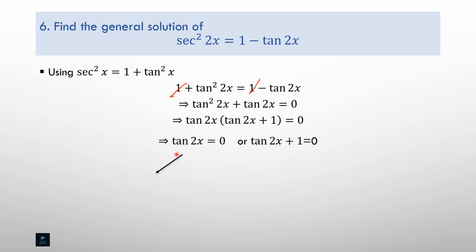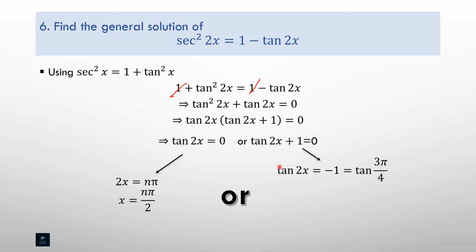From tan 2x equal to 0 we get 2x is equal to n pi, as tan of n pi is equal to 0. This means that x is equal to n pi by 2. From tan 2x plus 1 equal to 0 we get tan 2x is equal to minus 1, and tan of 3 pi by 4 is equal to minus 1. Therefore tan 2x is equal to tan 3 pi by 4.